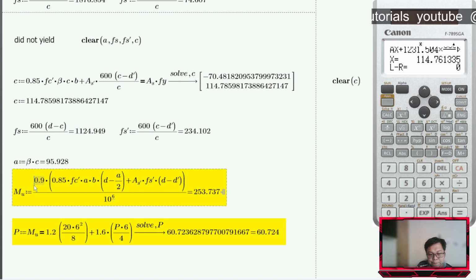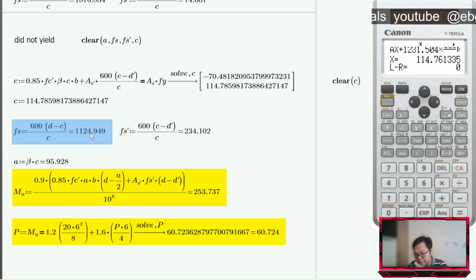Now notice, the phi I used is 0.9, but supposedly, you still need to check if it is really 0.9. How do we check? It moves from 0.65 to 0.9, so you just need to check Fs. Take note, if Fs is between Fy and 1,000, you cannot use 0.9; you need to use a certain equation.